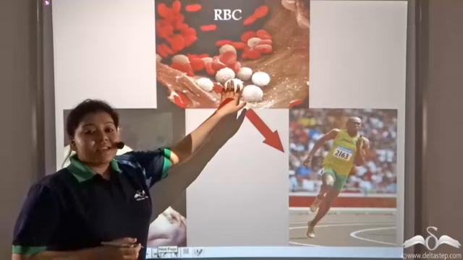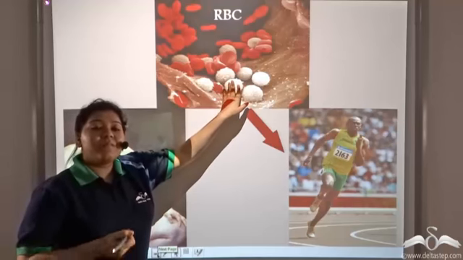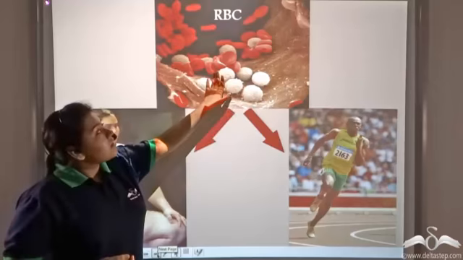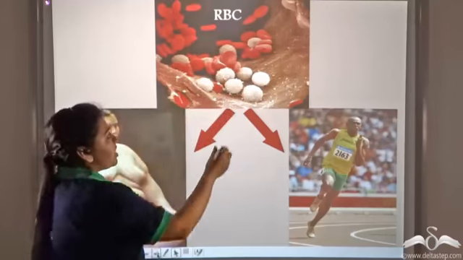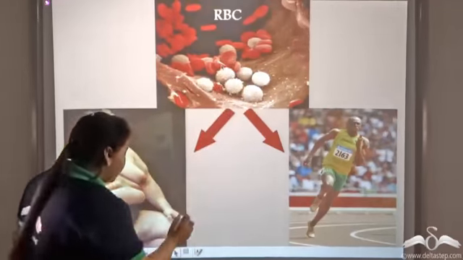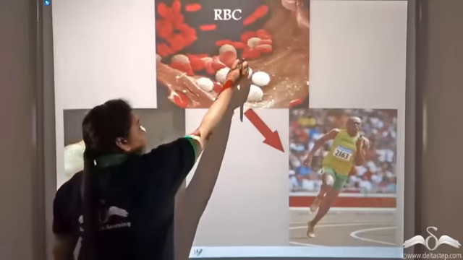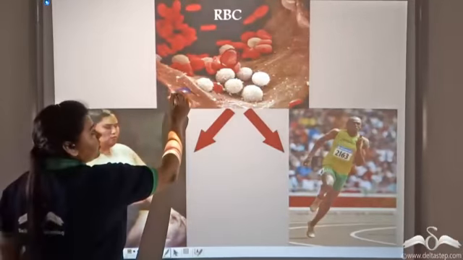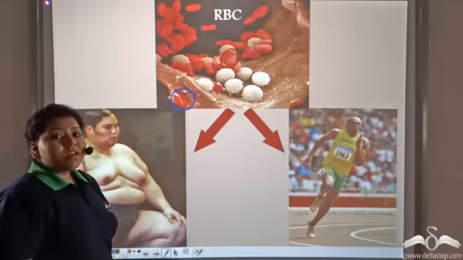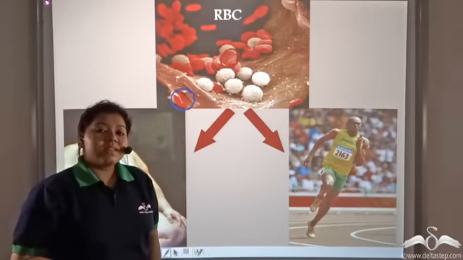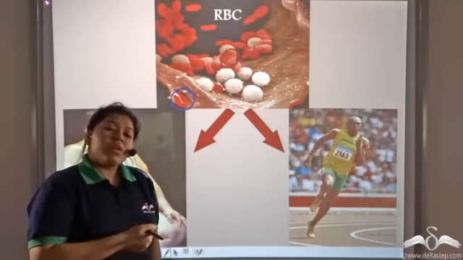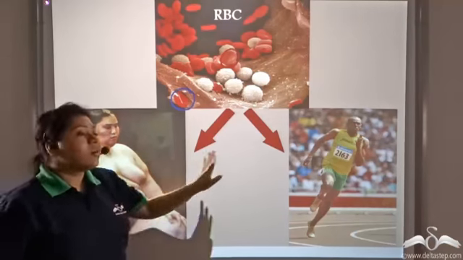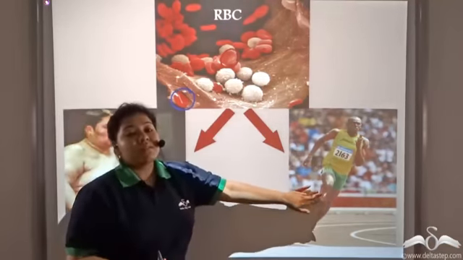The red blood cells that are present in our blood carry oxygen for us. So, this biconcave shape of the red blood cell, see, red blood cells are biconcave in nature. This biconcave shape of the red blood cells will remain the same throughout all organisms, be it the sumo wrestler or the athlete or an animal.